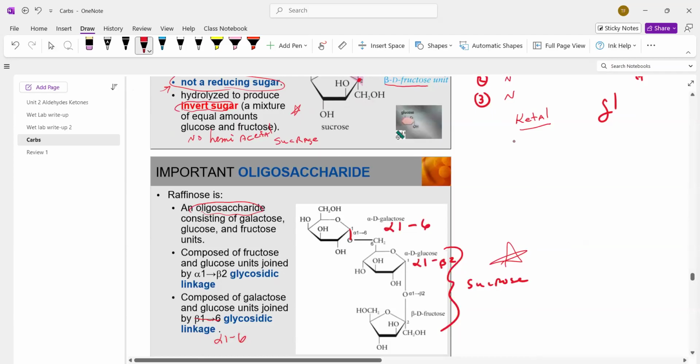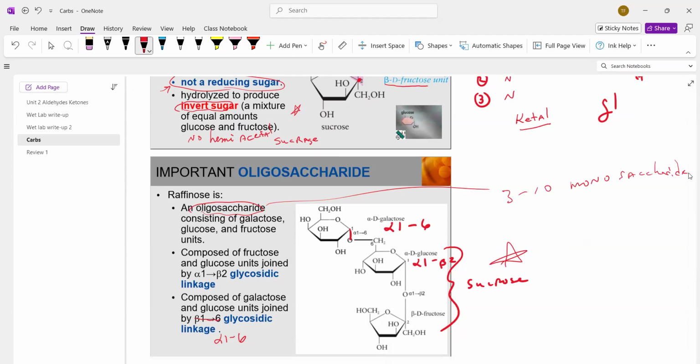Okay, and those are from 3 to 10 monosaccharides. In the case of raffinose, which is a very important oligosaccharide, it consists of galactose, glucose, fructose.